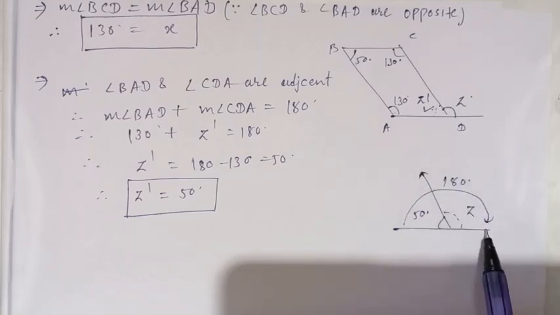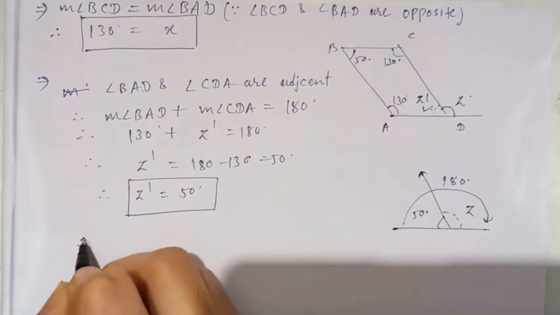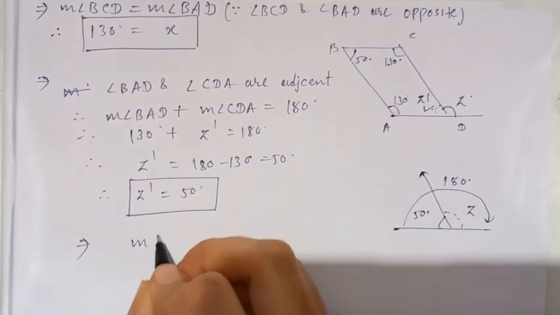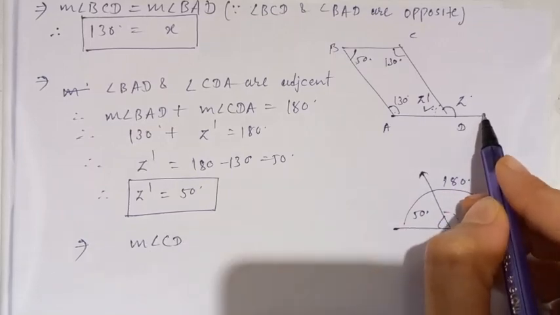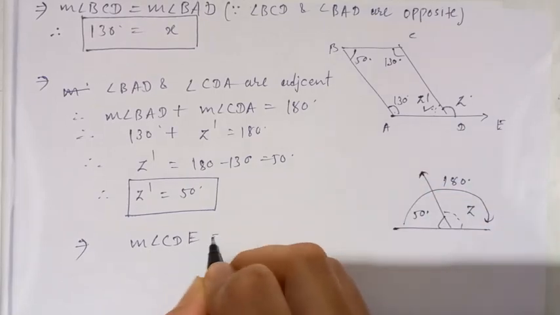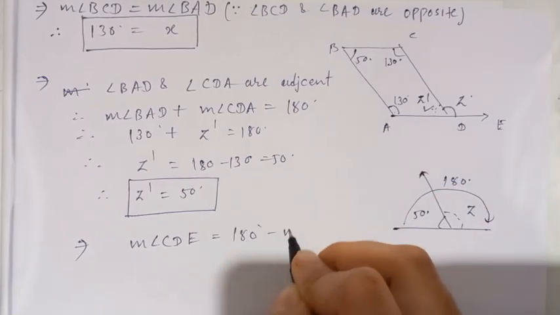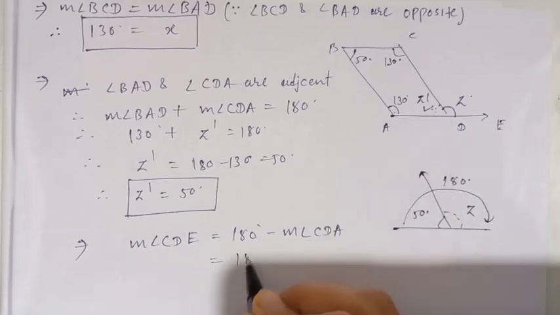So the remaining part, this Z, is 180 minus 50 degree. Measure of CDE, let's name the point E. So CDE is equal to 180 degree minus measure of CDA. Measure of CDA is Z dash, which is 50. So it is 130 degree.